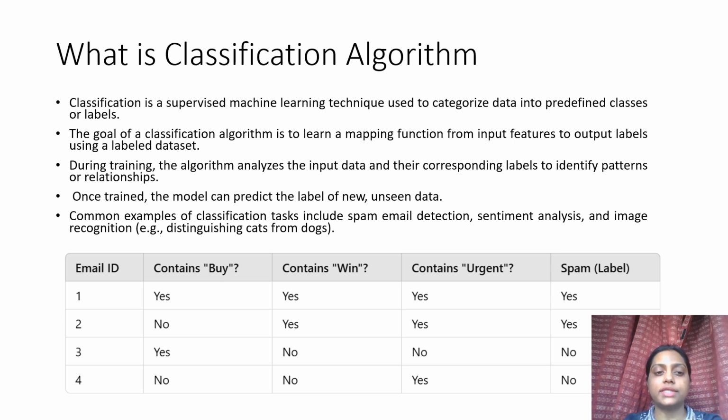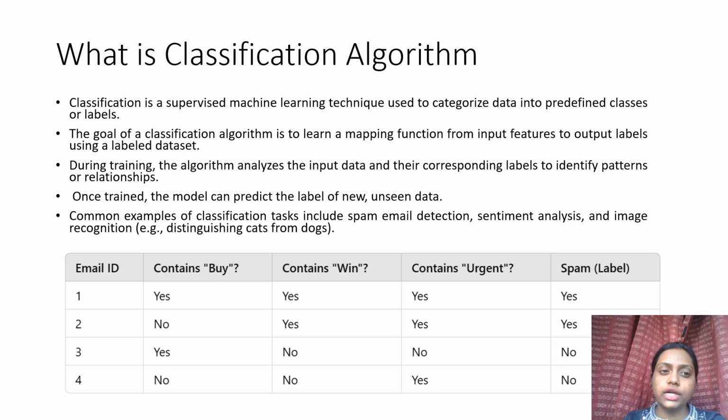That means the problem is a binary classification problem. As we see in the second point, the goal of a classification algorithm is to learn a mapping function from input features to output label using a labeled dataset. That means using these features, we have to learn one mapping function so that the features can map into a particular output label.